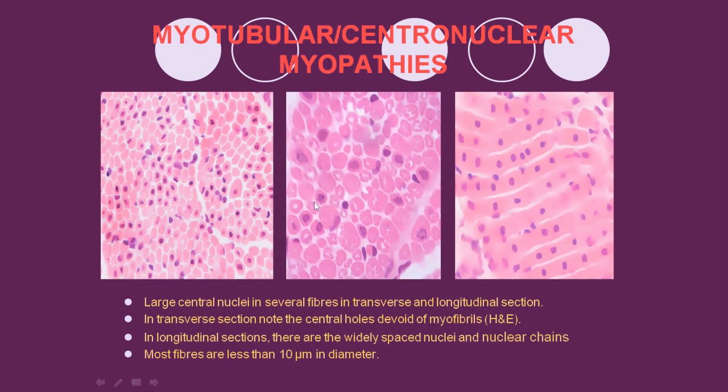As we know, the normal myofibers are polygonal with peripheral nuclei. We see here central areas of halos indicating absence of myofibrils in the muscle at the center.